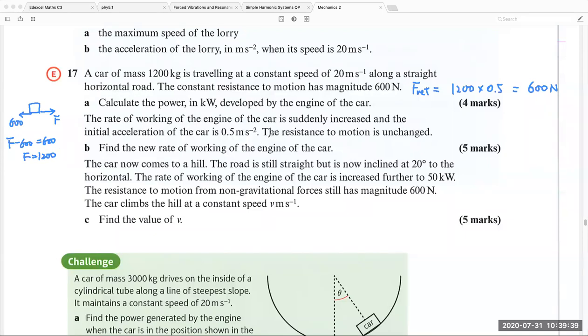If you know the driving force, then the rate of working, that is the power, can be written as F times V. So that is 1200 times 20. That's 24000 watts. Any question here? No question.